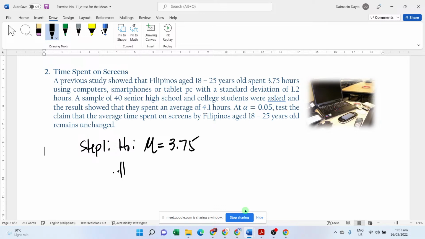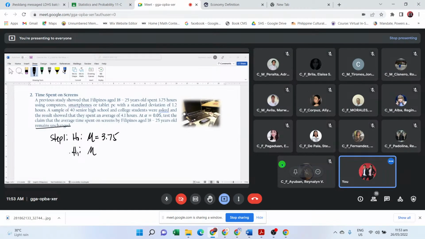Okay, tuloy mo na. Alternative hypothesis, Nixon. Remains unchanged. What is the alternative hypothesis? Tuloy mo na, Nixon. Oh, yung iba. Kung babaliktarin mo yung remains unchanged, at ibig sabihin nagbago, ano na yung magiging statement mo?